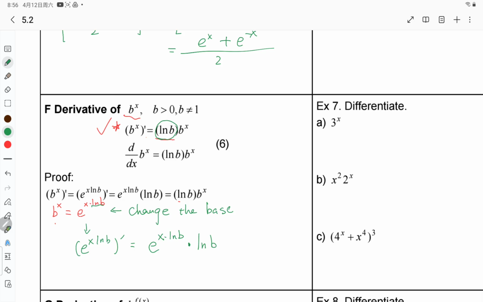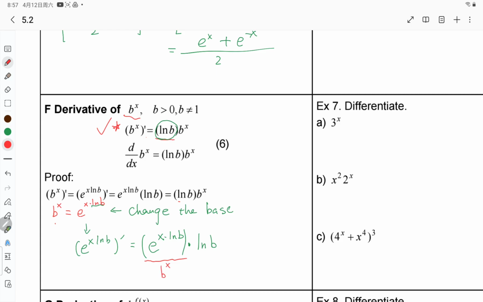And then the first e to the u is actually just our b to the x, right? Because in the first line, we changed the base to e to the power of something, right? So this part here is just b to the x, okay?